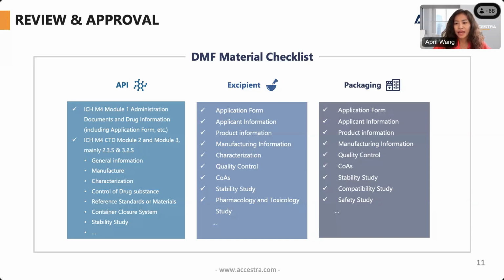For example, the API dossier is generally prepared in ICH M4 CTD format, whereas excipient and packaging dossiers are compliant with Chinese regulations. So usually, our clients would provide us with a pre-approved US or EU DMF dossier first, and then we would conduct a material completeness check and gap analysis accordingly.